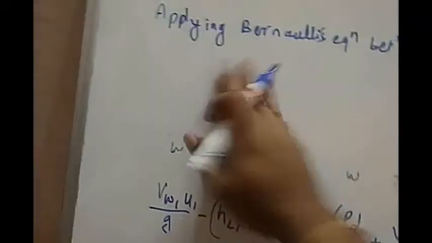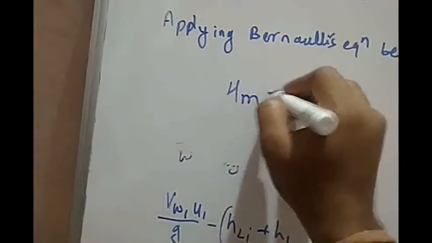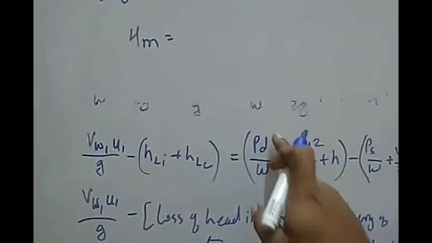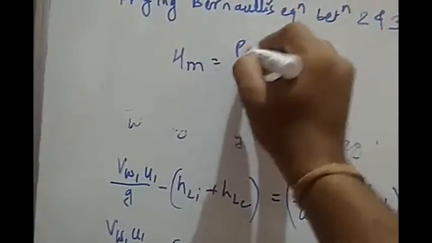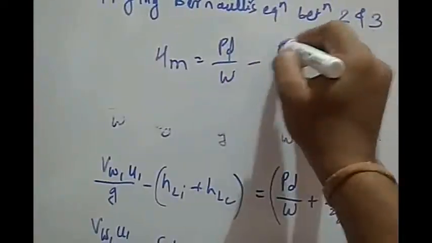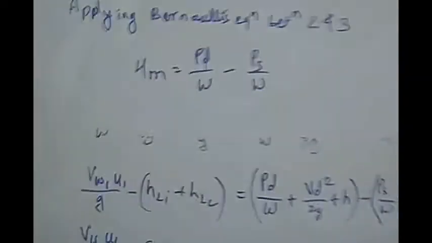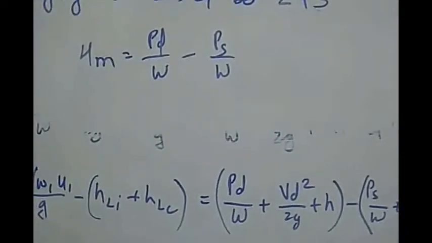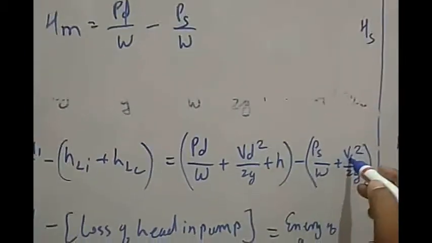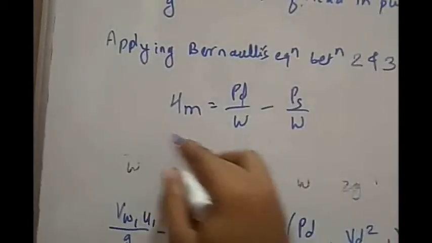In that case, Hm will be Pd by W minus Ps by W, where Vd and Vs are equal and h is equal to 0. So this is one of the expressions I'll be getting for the Hm.